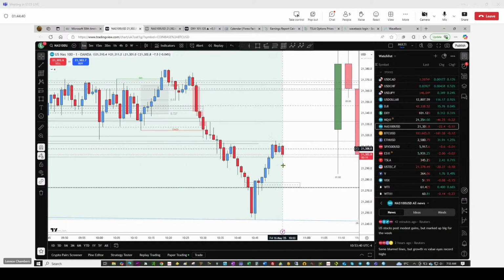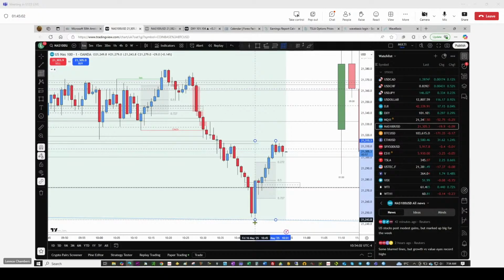We're not getting much of a pullback here. They swept the high. Looking for a deeper retrace here. Where's 50%? Right about in my gap there. So looks like a reasonable retrace area.